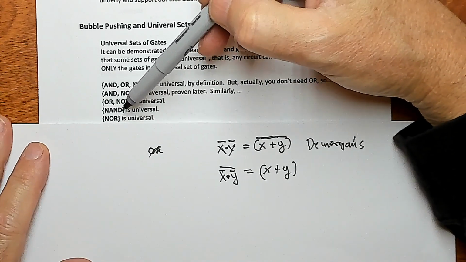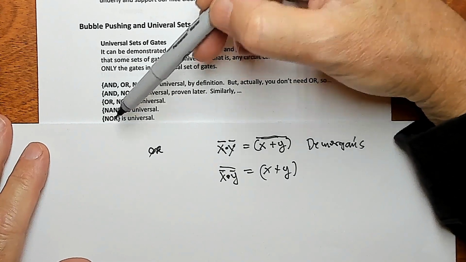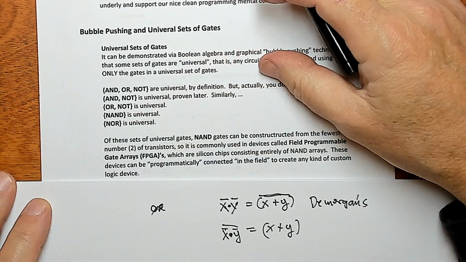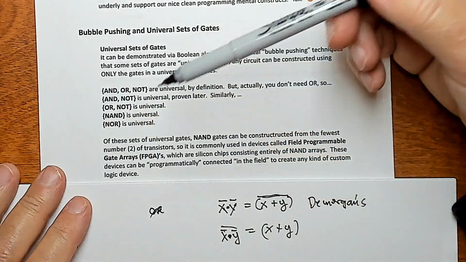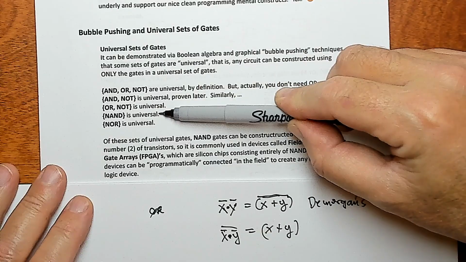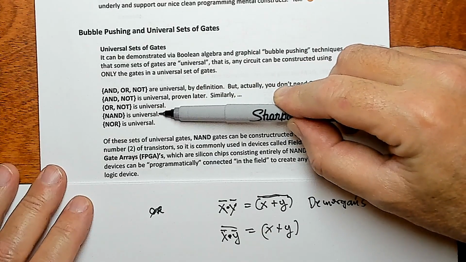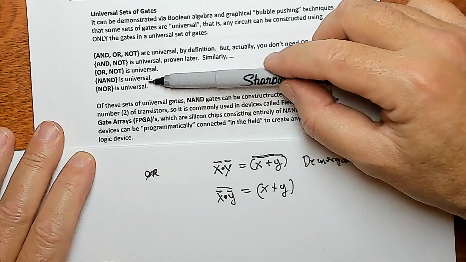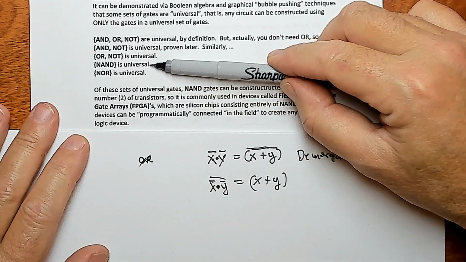Okay, turns out that NOR will also do that. I'm going to prove that in a minute, but the idea is this guy is enough. NAND is universal, and combined with the fact that NANDs are small, it makes it a real nice little gate.